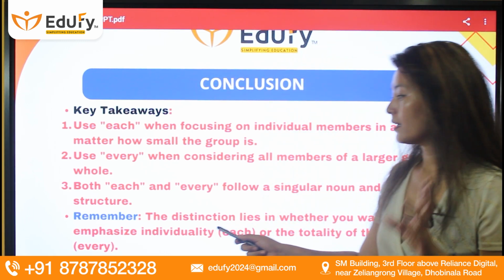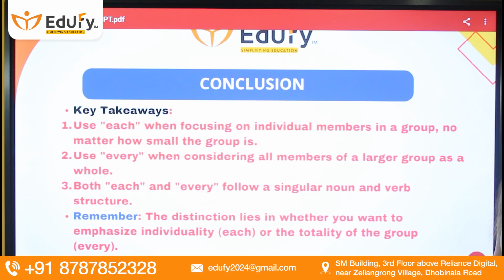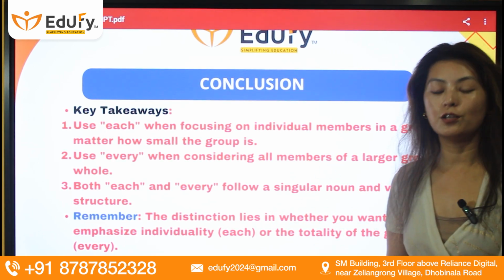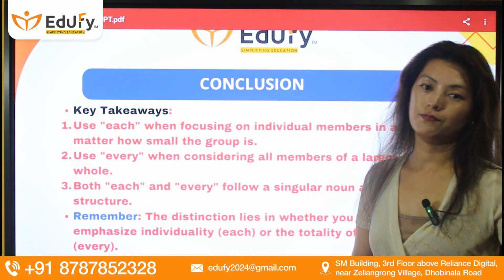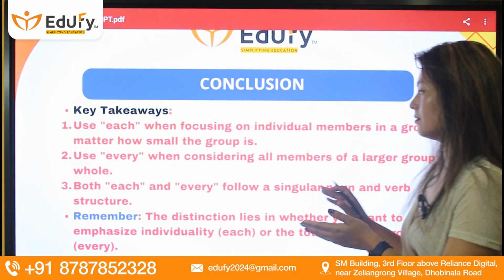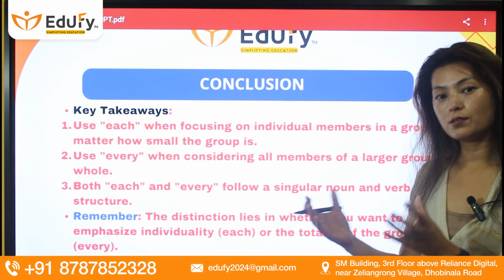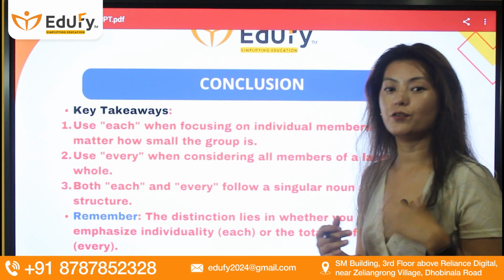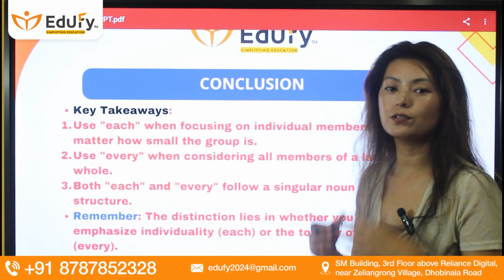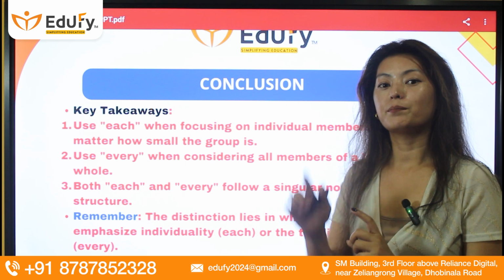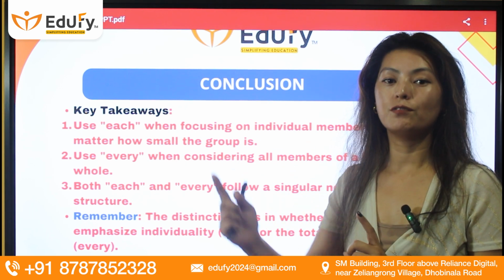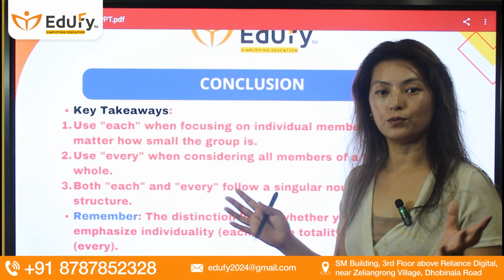The last point is that you must remember the distinction lies in whether you want to emphasize individuality or emphasize someone within the totality of the group. If you want to emphasize a total group, then you have to use the word every. If you want to talk about individuals within that group, you have to use the word each.